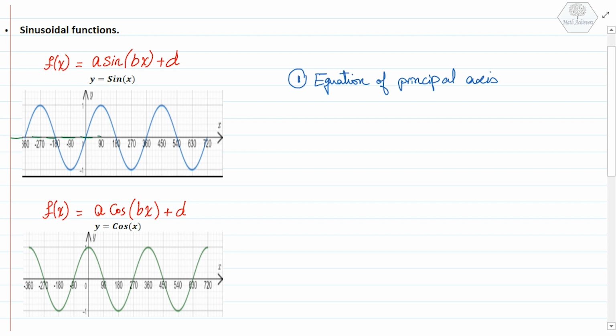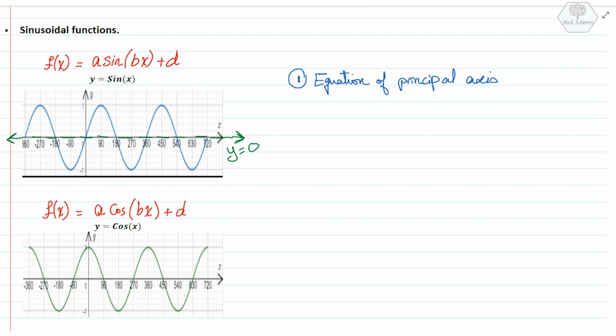So in this case, in our curve, this is the principal axis. The equation of this principal axis is y equal to 0.